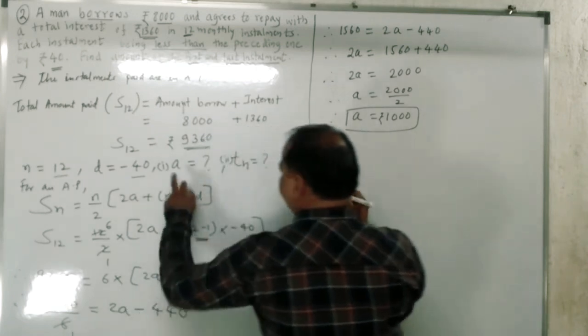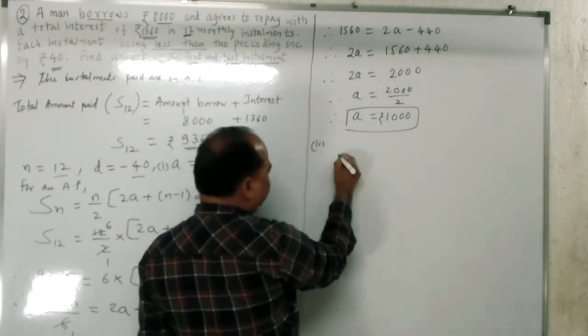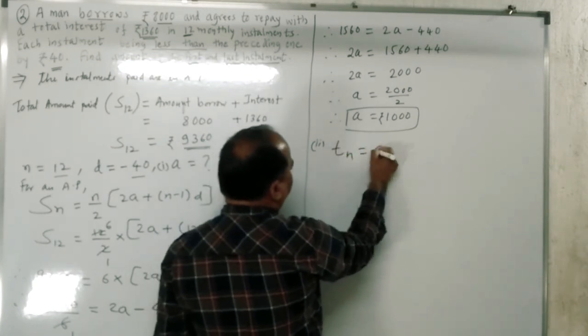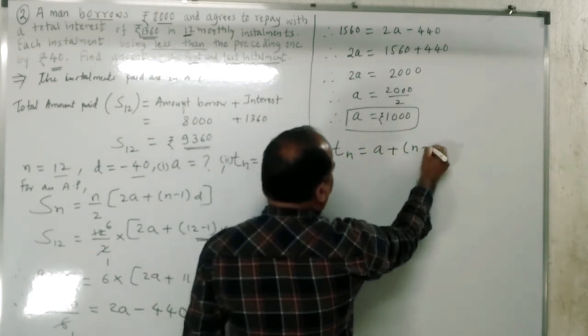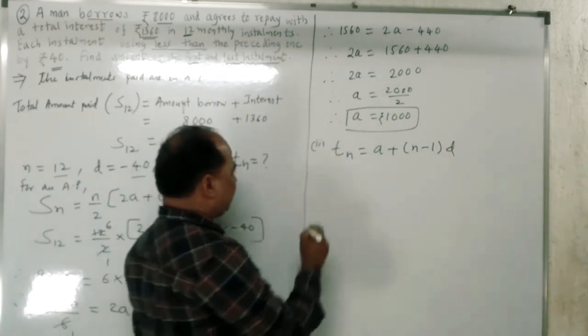Now the last installment, for an AP, Tn, the second part. We have the formula Tn is equal to A plus n minus 1 into D. This is the last installment, Tn.